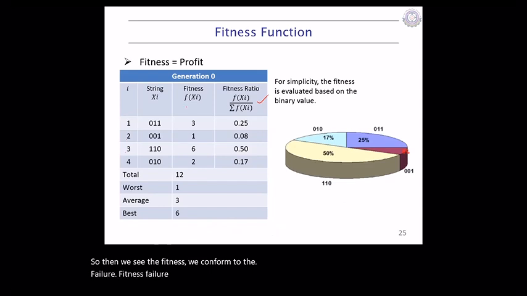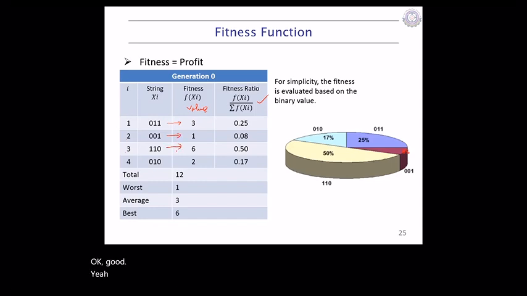If you remember from the first example, we convert this one to decimal, right? So 011 is 3, right? You remember this one? How to get this number? You understand how to get this number? Yes, sir. Okay, good.